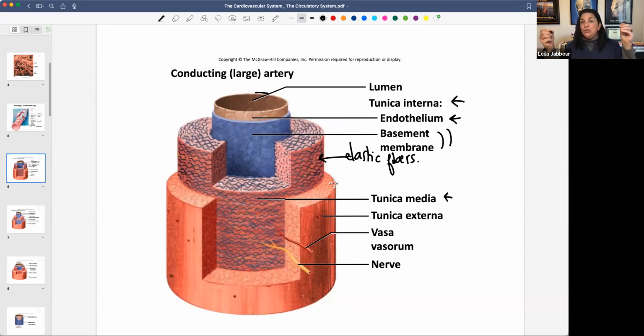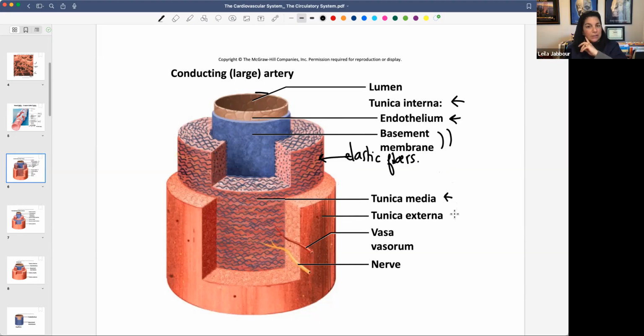It's not just about stretching. Stretch alone is not good enough. To be considered elastic, you have to be able to recoil. And of course, with these large arteries, we want them to recoil every time they fill with blood, and then the blood gets moved forward, then the vessel goes back down in its diameter, over and over and over. So elasticity is very important in tunica media.